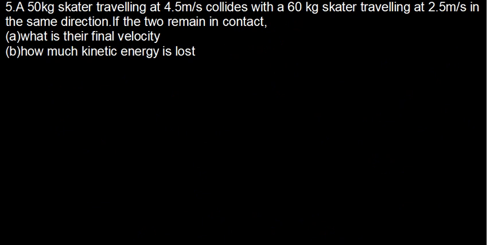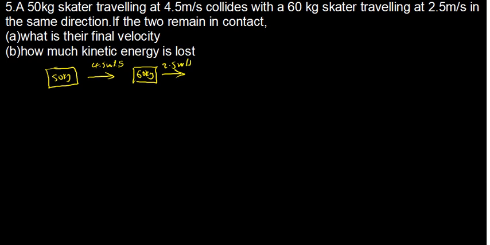So we have, let's say this is the first skater, which is 50 kg, moving in this direction at 4.5 meters per second, and then it collides with another skater which is 60 kg, also moving in the same direction at 2.5 meters per second.